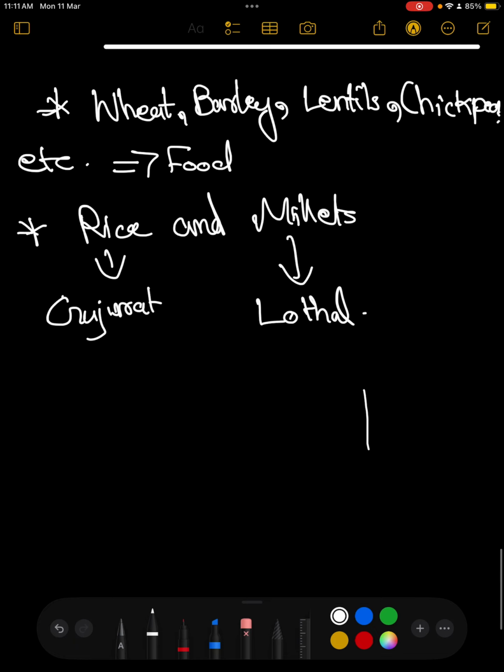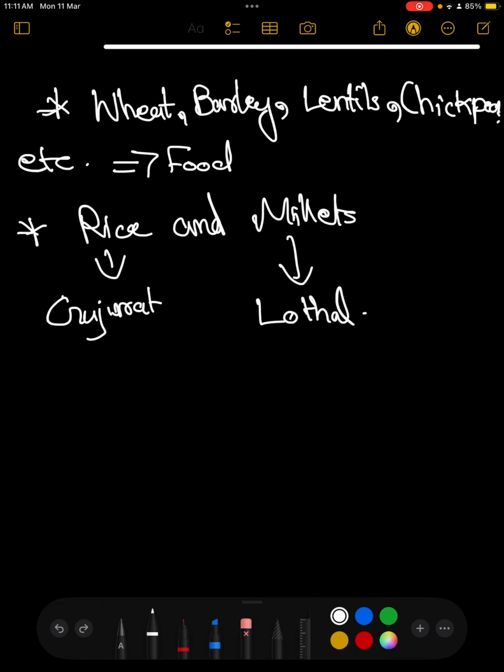So they used to cultivate wheat, barley, lentils, chickpea, and many more. But let's learn some of them so that we don't have to memorize all of them for exams. We just have to remember 5 or 6 of them at least, so that you can be well prepared if those kinds of questions are asked.